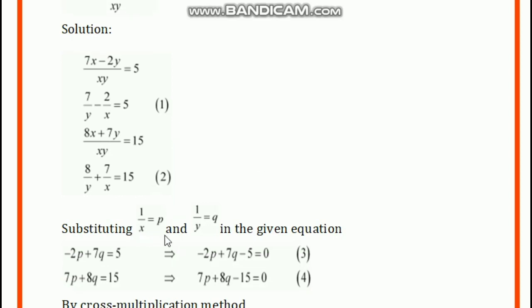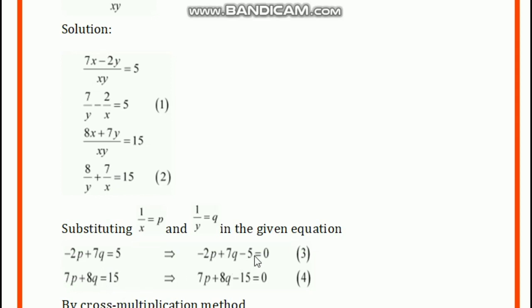Let 1 by x be equal to p and 1 by y equal to q in the given equation. So we get minus 2p plus 7q equal to 5. Here I changed their places: 7 by y minus 2 by x. So minus 2p plus 7q equal to 5. That is the first equation. And the second equation is 7p plus 8q equal to 15.